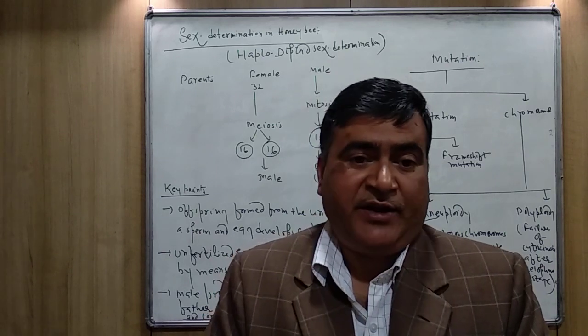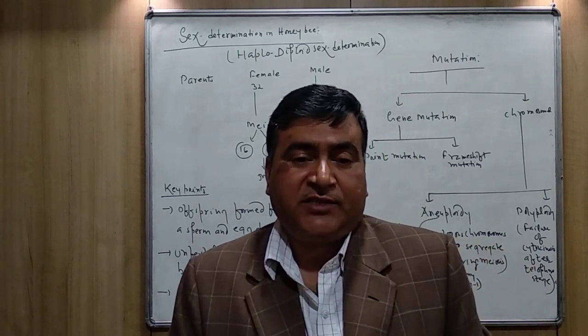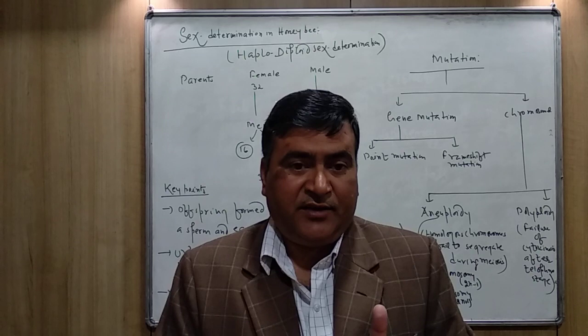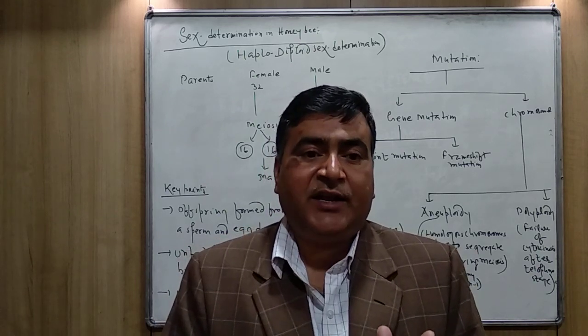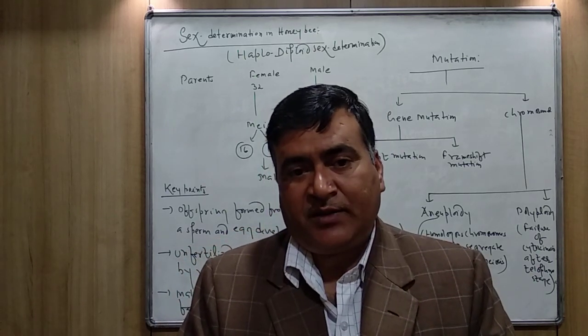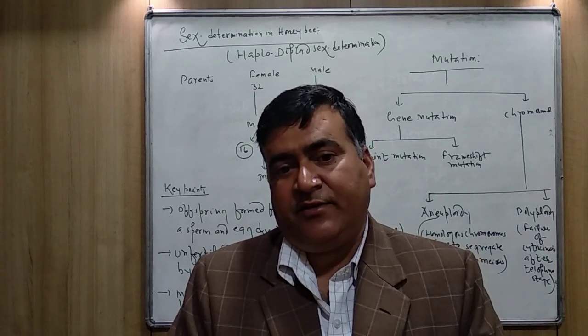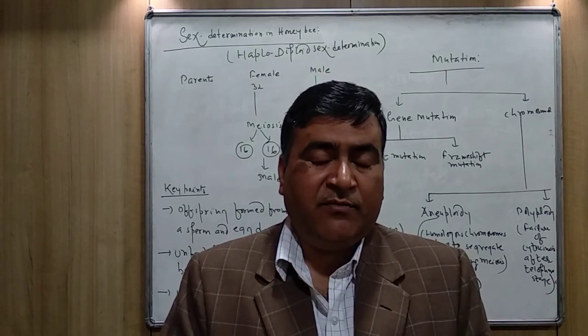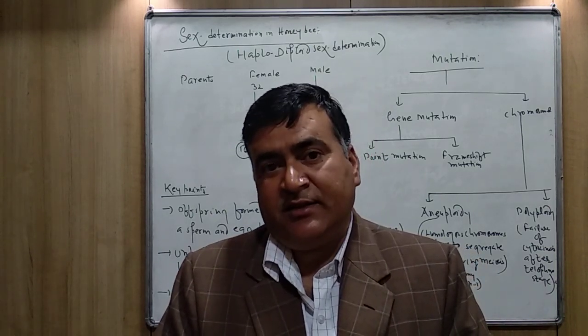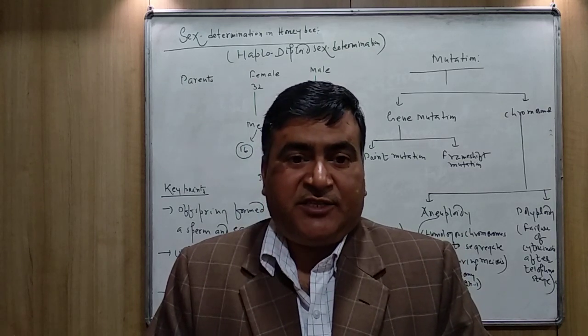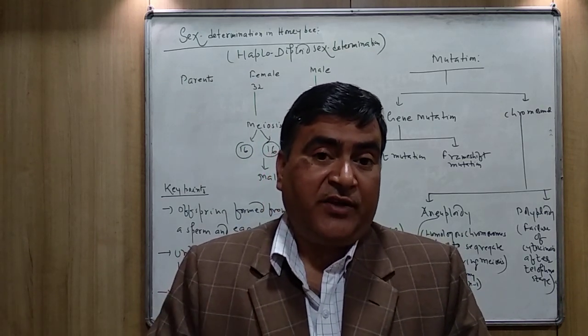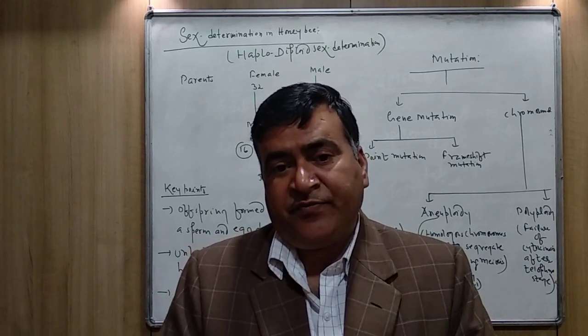It is very, very important. Keep in your mind, when the process of fertilization takes place in honeybees, when the sperm and egg are fused together, it forms the zygote, and the zygote always develops into the female.